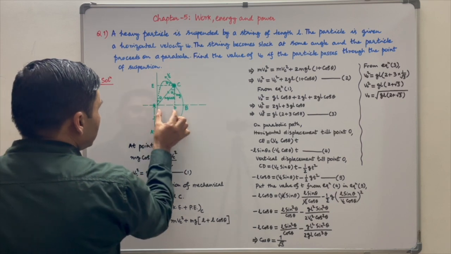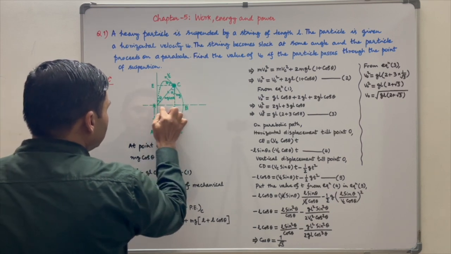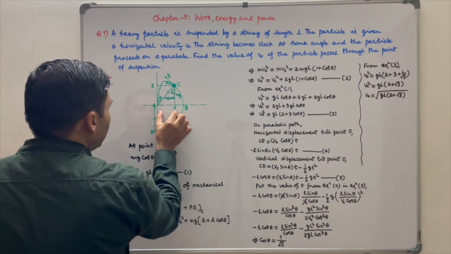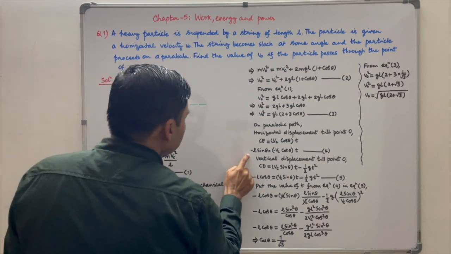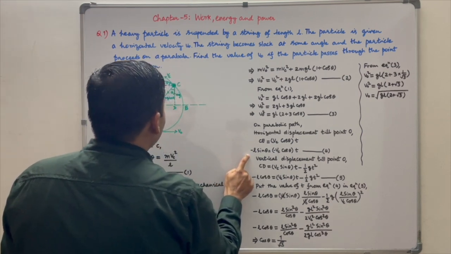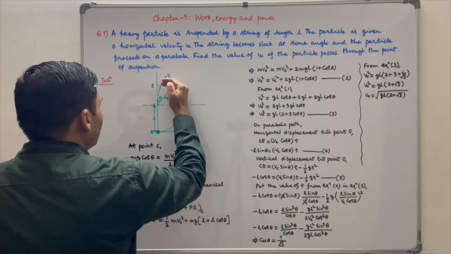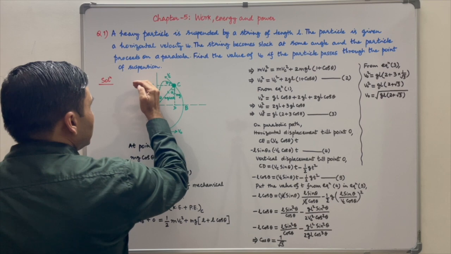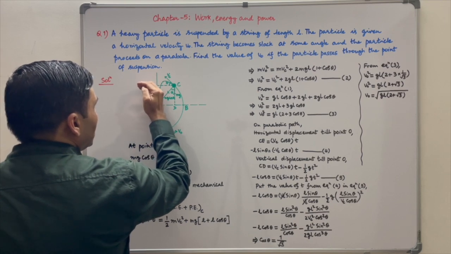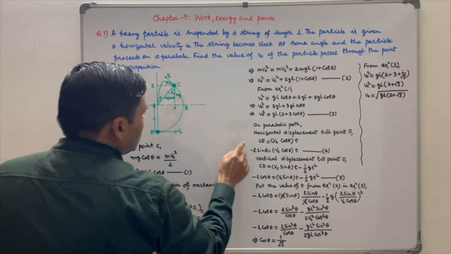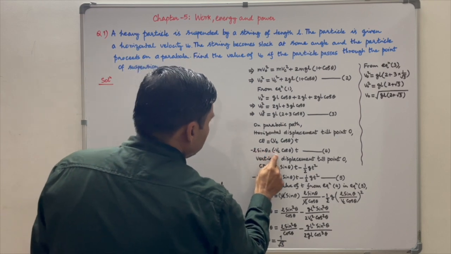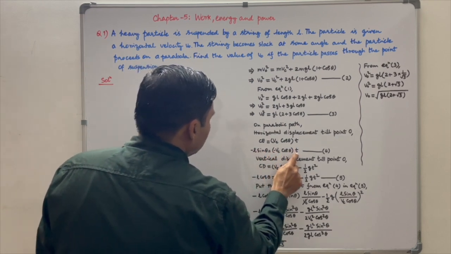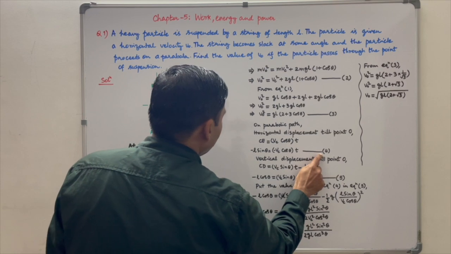So horizontal displacement OD from this right angle triangle will be minus L sine theta, and velocity component also will be negative, that is Vc cos theta, that is horizontal component of velocity at C. So it will be minus Vc cos theta into t. This is equation number 4.